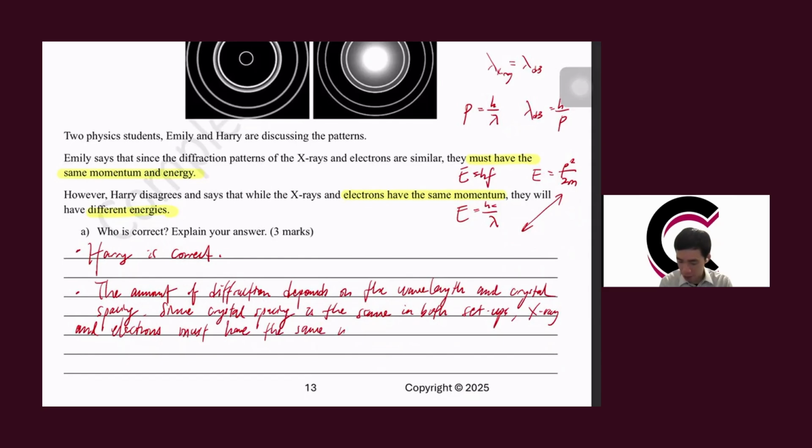So this one is like arguing to the fundamentals, like why do they share the same wavelength? Because look at the diffraction pattern. Look at the degree of diffraction. Once again, this relationship comes out. If the spacing is the same, the diffraction degree is the same, so the wavelength should be the same, shared amongst the X-ray and electrons.